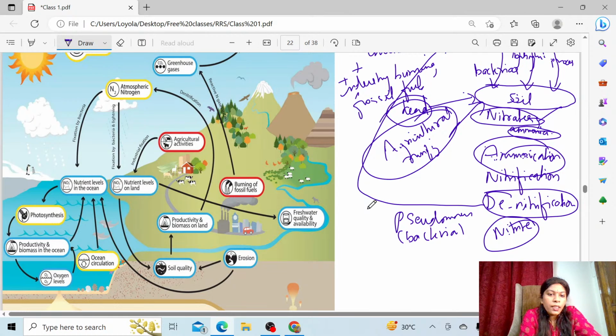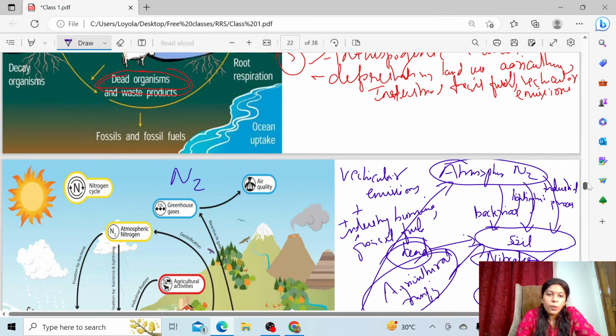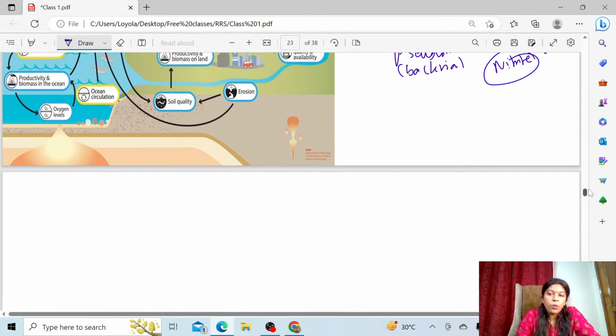In land you can see that the agricultural activities add nitrogen back to the soil, and you can see the greenhouse gases, vehicular emissions, burning of fossil fuel. Through that nitrogen reaches the atmosphere. From the atmosphere it comes back with the help of lightning, bacteria or industrial activity, it is fixed. So this way nitrogen circulates.